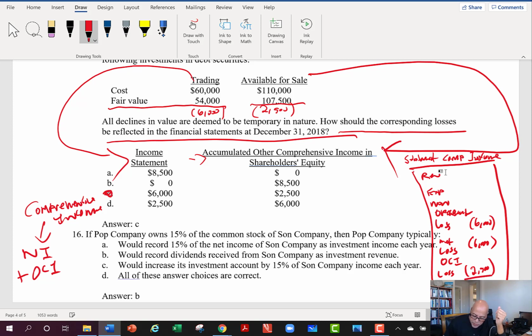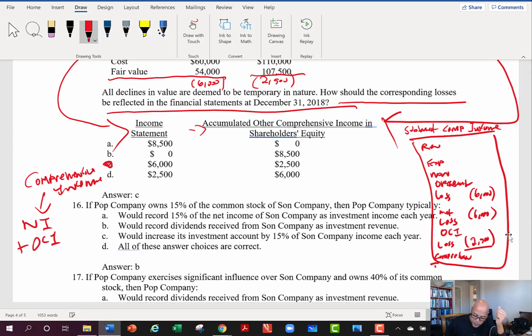then our comprehensive income, that says comprehensive income, is going to be what? Or it's a comprehensive loss, I guess, 8,500, right? Okay. Now what happens is we close our regular income loss to retained earnings.